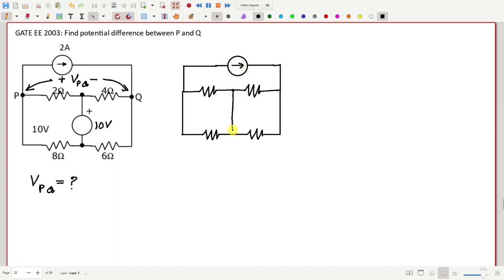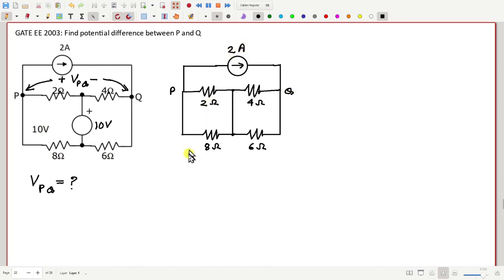It should be replaced by a wire, short circuit. Yeah, right. This is 2, this is 4, this is 8, this is 6 ohm, here is P, here is Q. So in this circuit VPQ is how much?